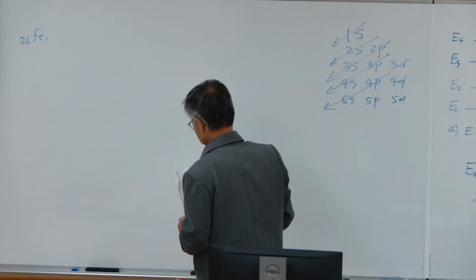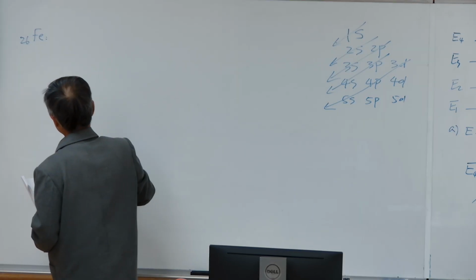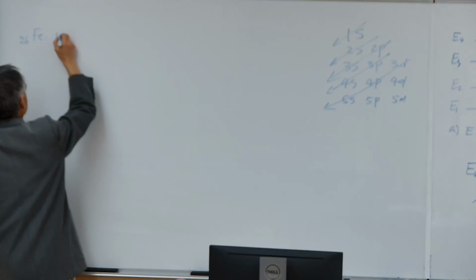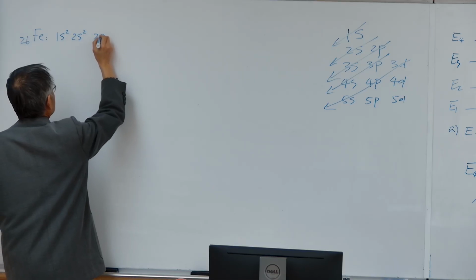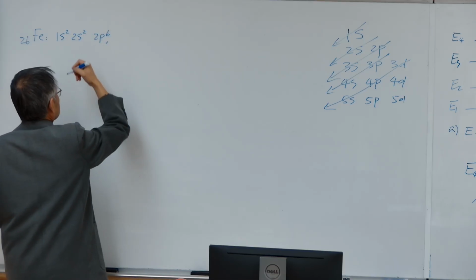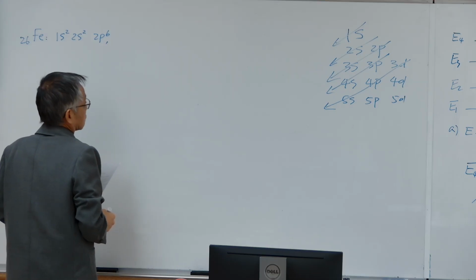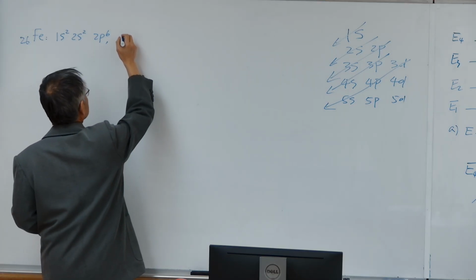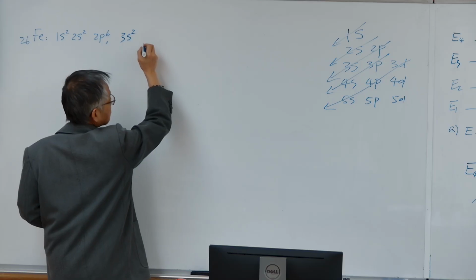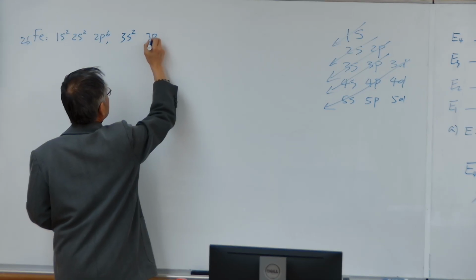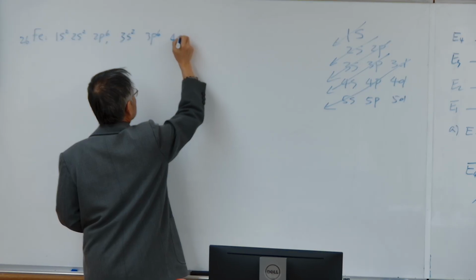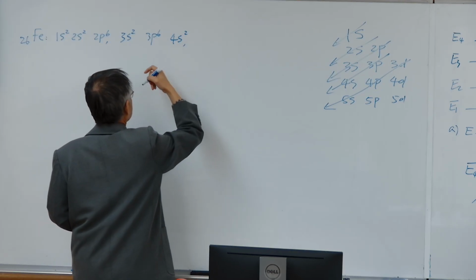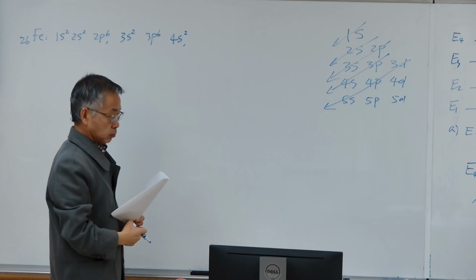According to this chart, we can write the configuration: 1s2, 2s2, 2p6, then 3s2, 3p6, then 4s2. Up to here is 20.